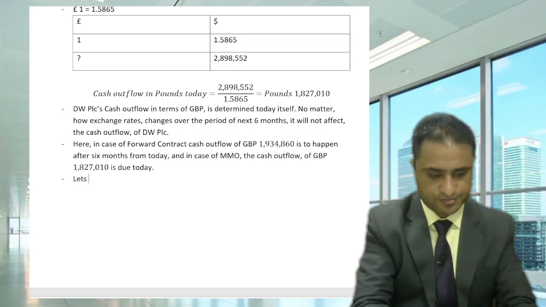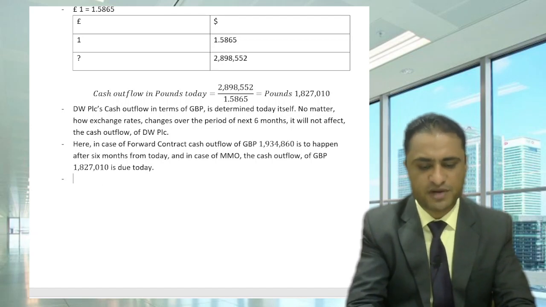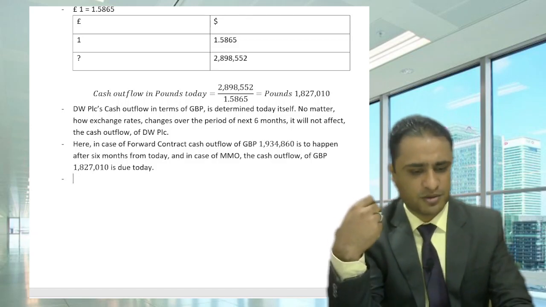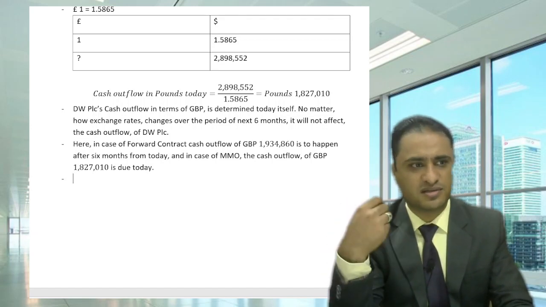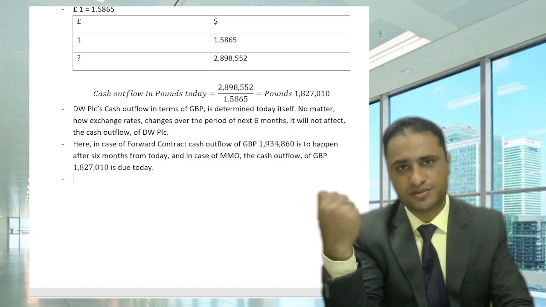Let's assume, okay, so if you have to pay today, why do we need to have a time period of 6 months? And the thing is very clear. Why do we use the forward contract? We have to pay 3 million dollars, which are due after 6 months.